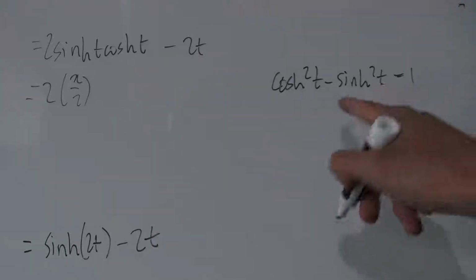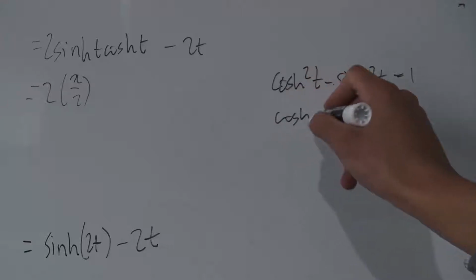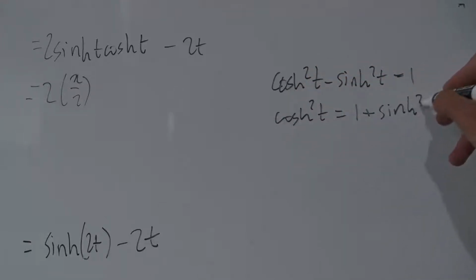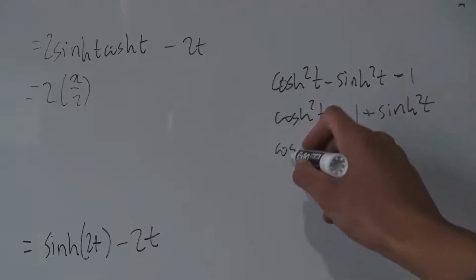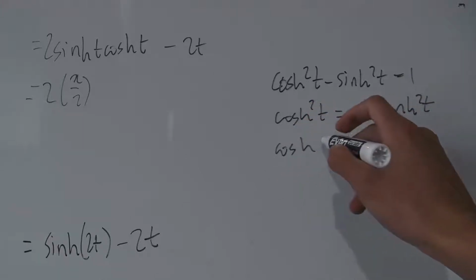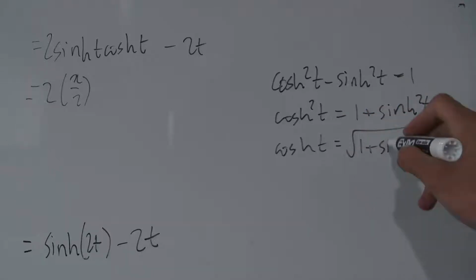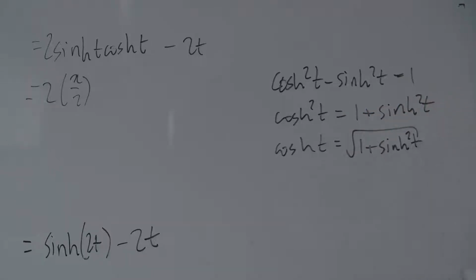So let's just isolate the cosh. So cosh squared of t is 1 plus sinh squared of t, taking the square root on both sides. So we have cosh of t is equal to the square root of 1 plus sinh squared of t. And we actually know what sinh of t is. That's just x on 2.